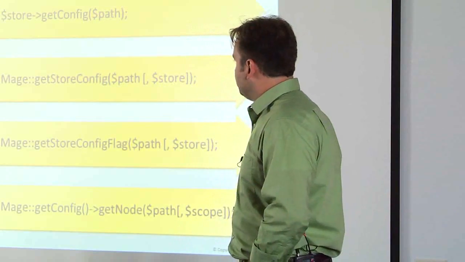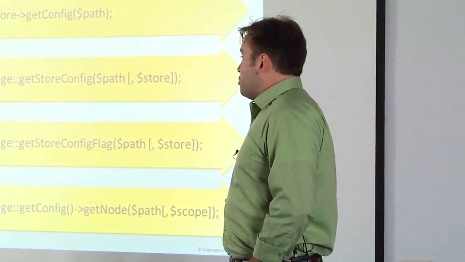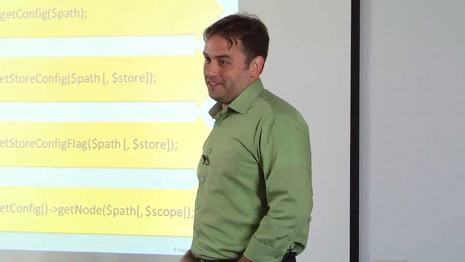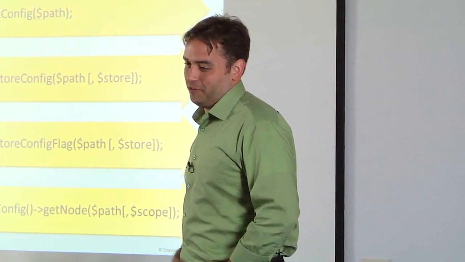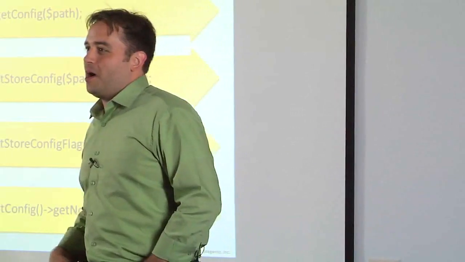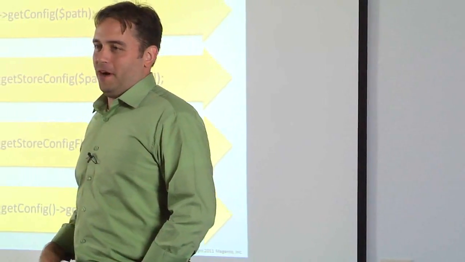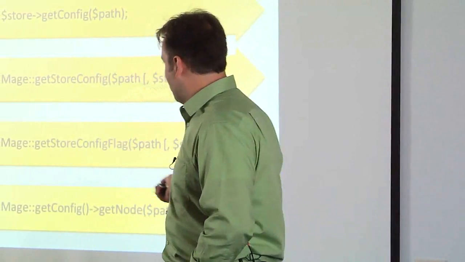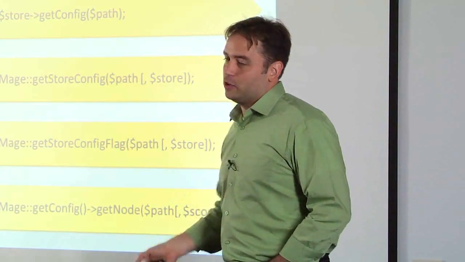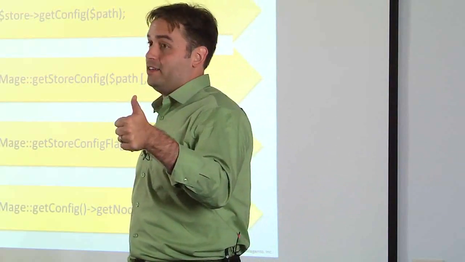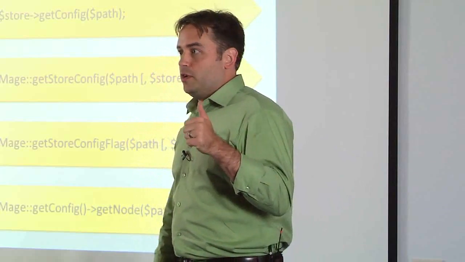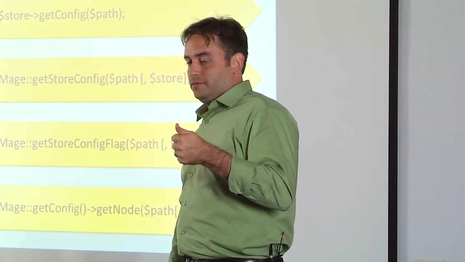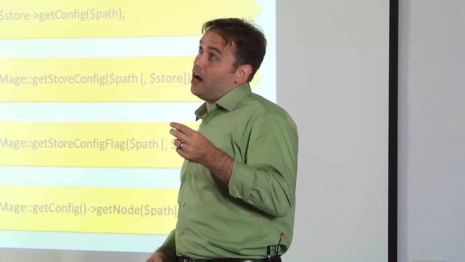Now, if we want to check a flag in the configuration, the problem, certainly in PHP, is that a string will always evaluate to true. So there's this function here, getStoreConfigFlag, and it looks to see if the node is defined and if the node is true, or actually if it's not false.